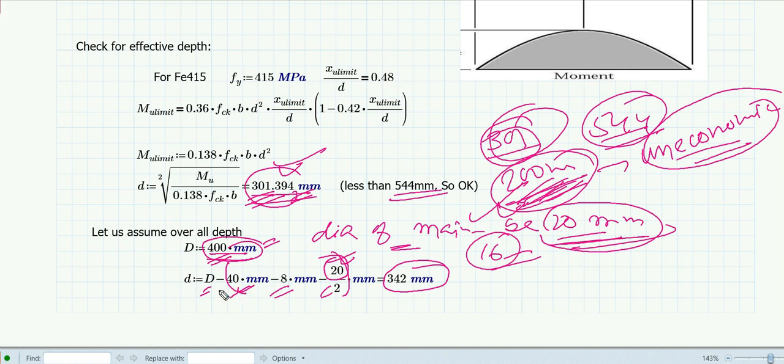Now what will be the effective cover? The clear cover is 40 mm, the stirrup size is 8 mm, and the main bar diameter is 20, so 20 by 2 gives the effective cover. So D, that is 400 minus the effective cover, gives the effective depth. It becomes 342 mm.